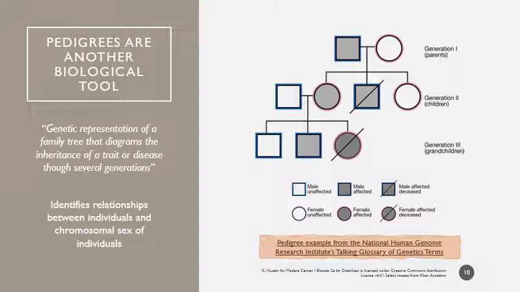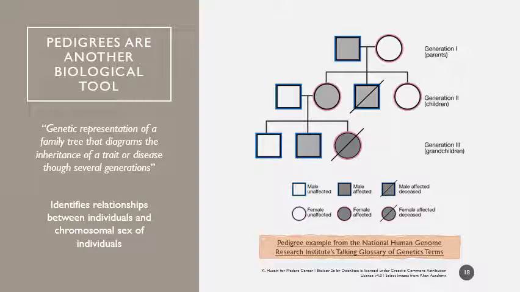There are some limitations here. For example, with this particular pedigree, I went through and did all the calculations, and you can't tell, based on the information provided by this pedigree, if a particular condition is autosomal recessive or autosomal dominant.